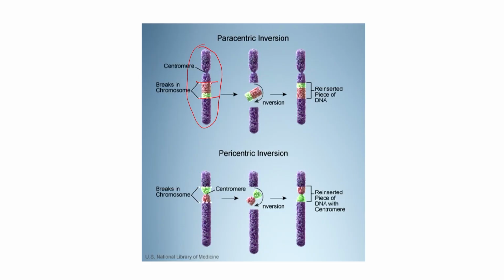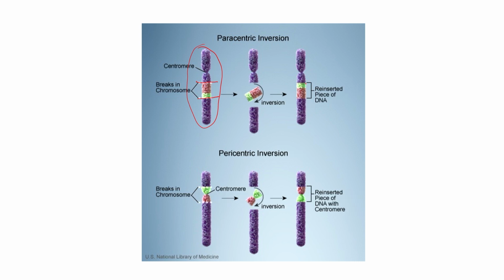If it is joined normally, then the chromosome is normal again. If by chance after the breakage this part inverts and gets joined, now this is an inversion. So this is an example of an inversion.